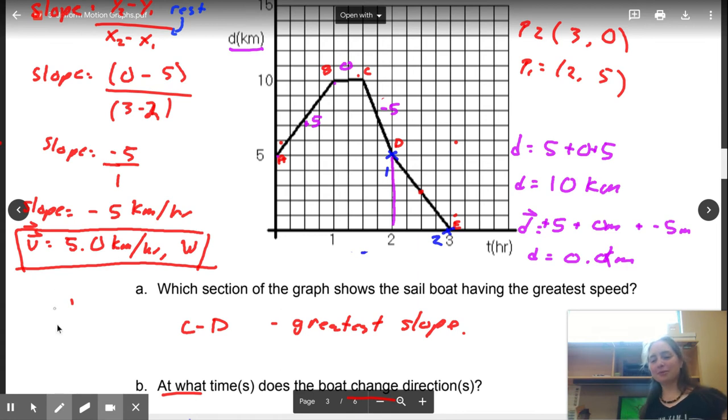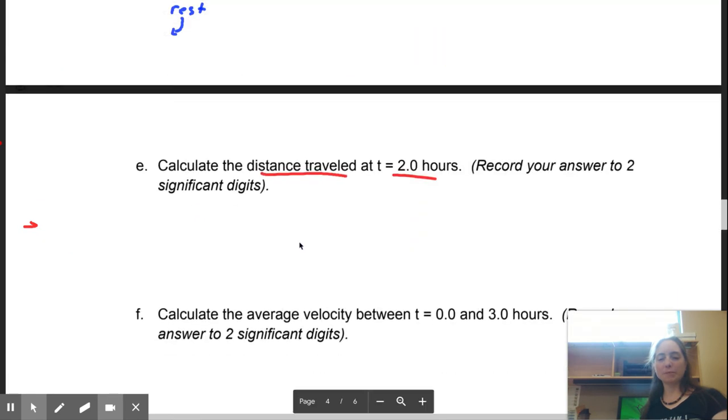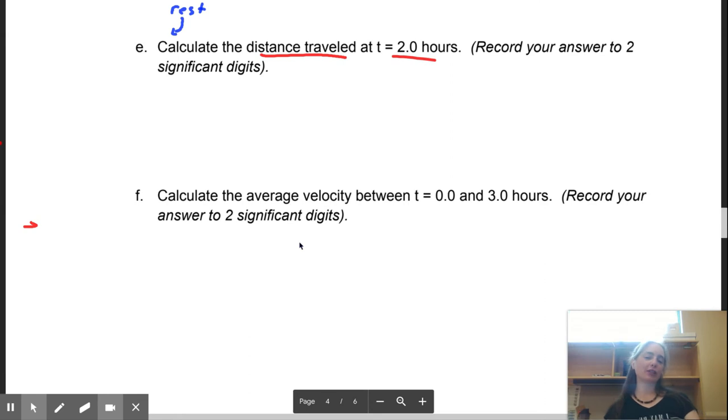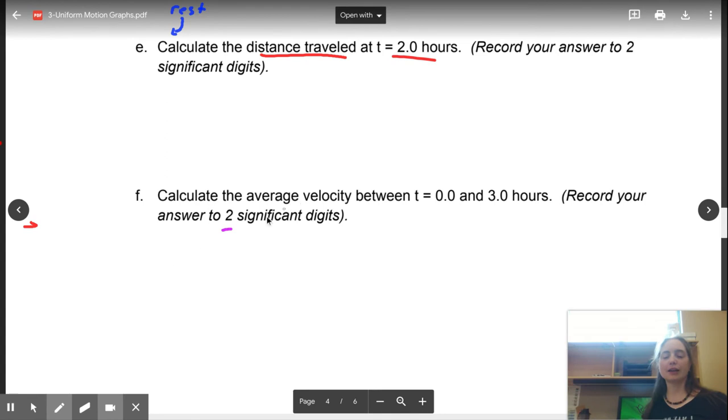Okay. So, let's go down and look at our last question here. Calculate the average velocity between 0 and 3 hours. Round your answer to 2 sig digs. All right. Well, here we've looked at average velocity. Remember, ladies and gentlemen, that average velocity is equal to total displacement divided by total time.